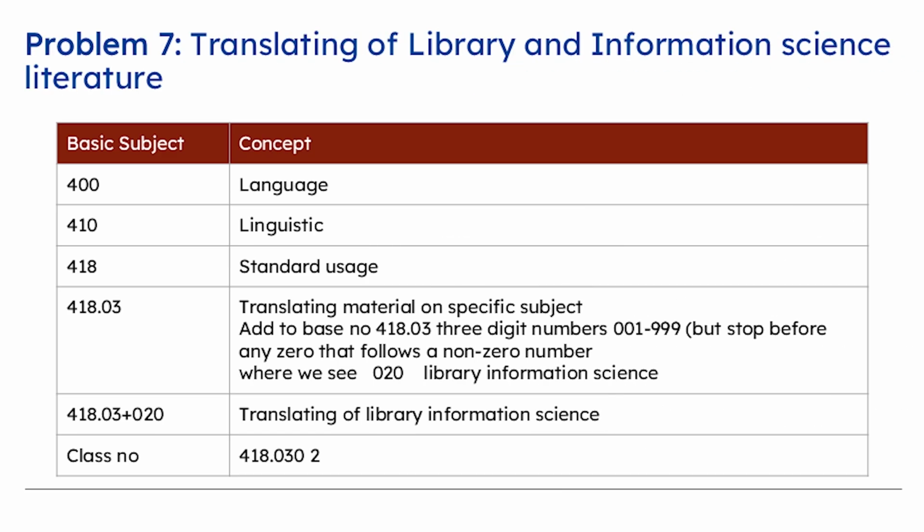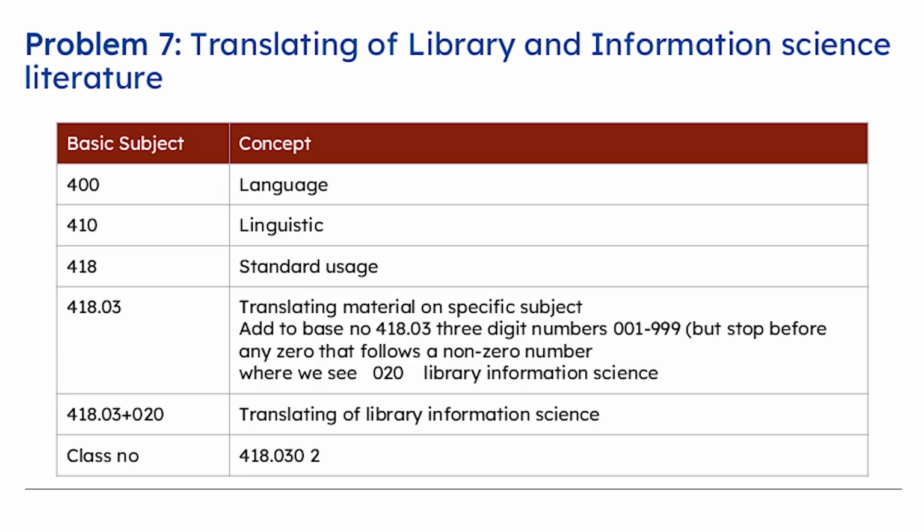Next we see translation of library and information science literature. Here the most interesting thing is the add note. We go to 400 language, 410 linguistics, 418 standard uses, then 418.03 translating material on specific subject.